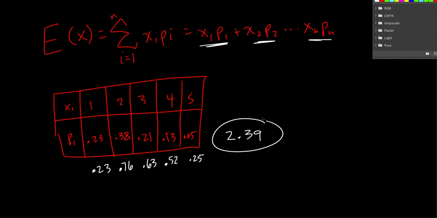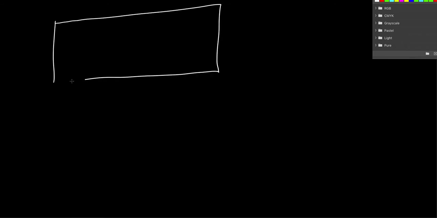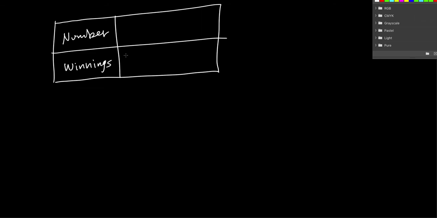Okay. All right. So the next one says, in a game of chance, a player spins a square spinner labeled 1, 2, 3, and 4. And then here's the outcomes. So if you get a 1, you get $1.